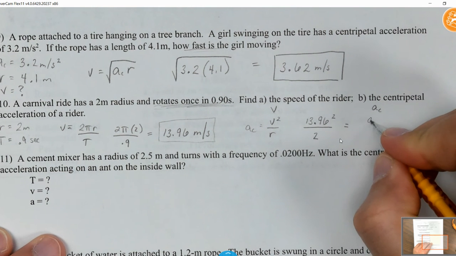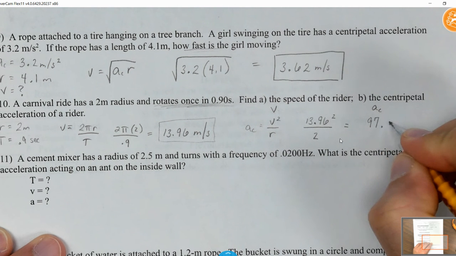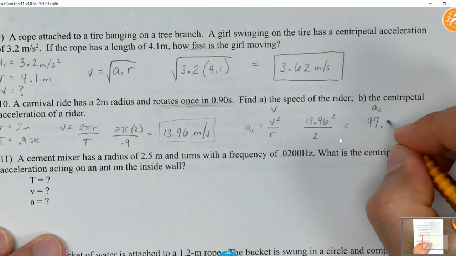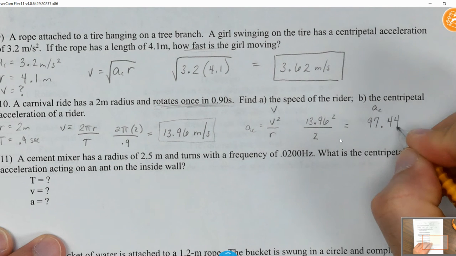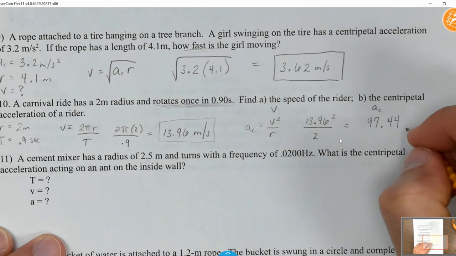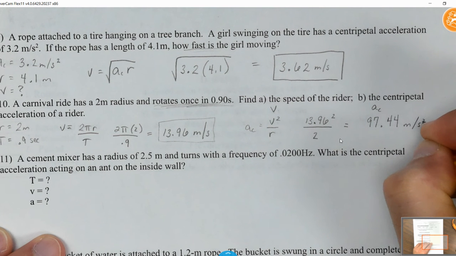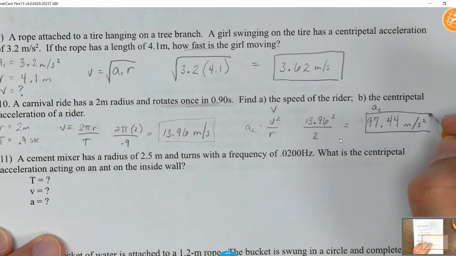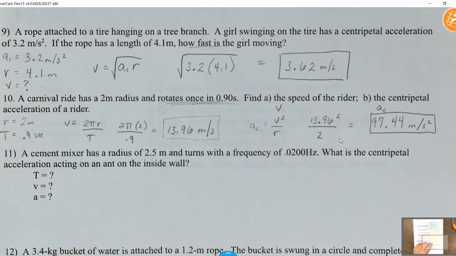And yours should be in the ballpark here of 97.44, unit, meters per second squared.